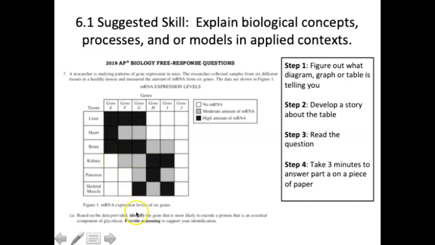And then I want you to answer part A. Based on the data provided, identify the gene that is most likely to encode a protein that is an essential component of glycolysis and provide reasoning to support your identification. So pause the video now, take about 4 minutes to answer this question, and then play back for the answer.